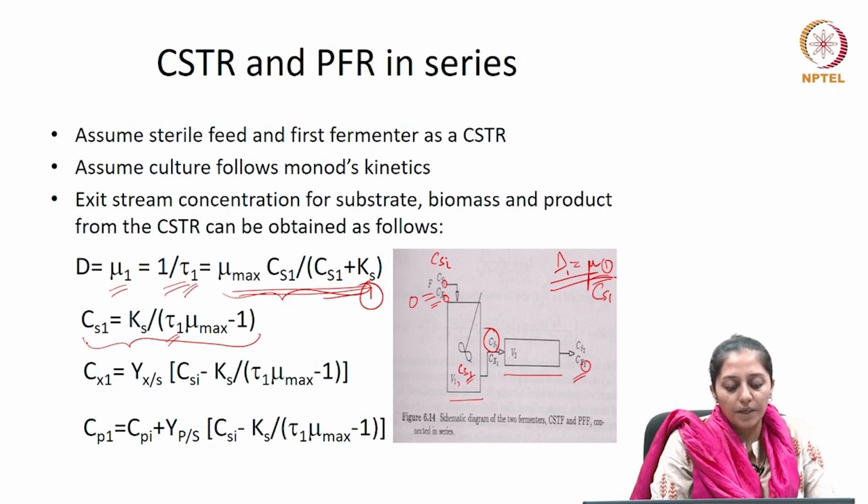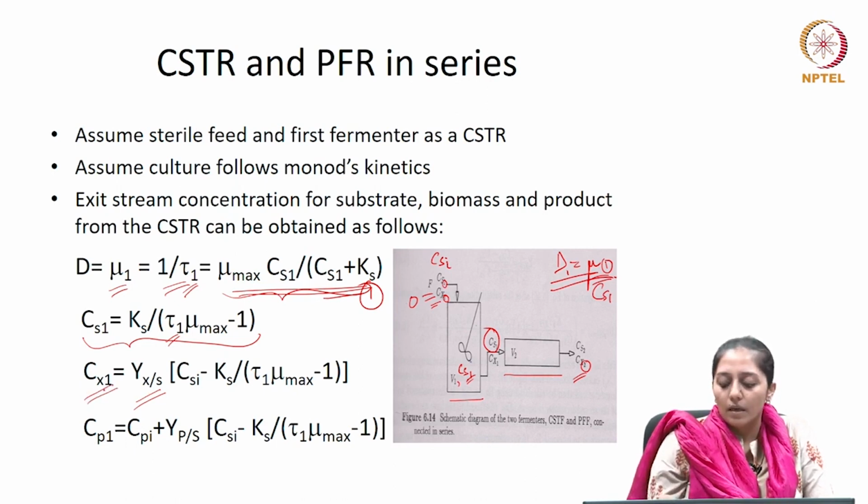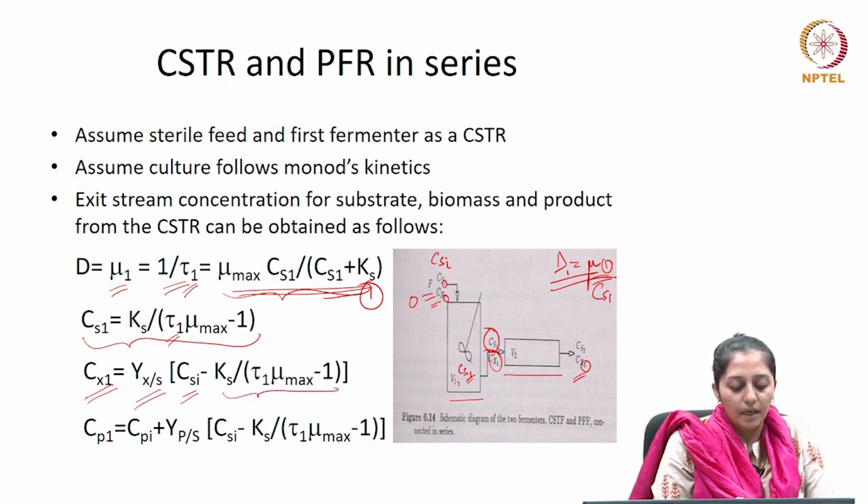Now if CS1 is known and the yield coefficient is known for the culture, we can find the outlet biomass concentration from this first CSTR, as a function of the inlet substrate concentration and the outlet substrate concentration, and by Yx/s we have determined CX1 because CXI here goes to 0.